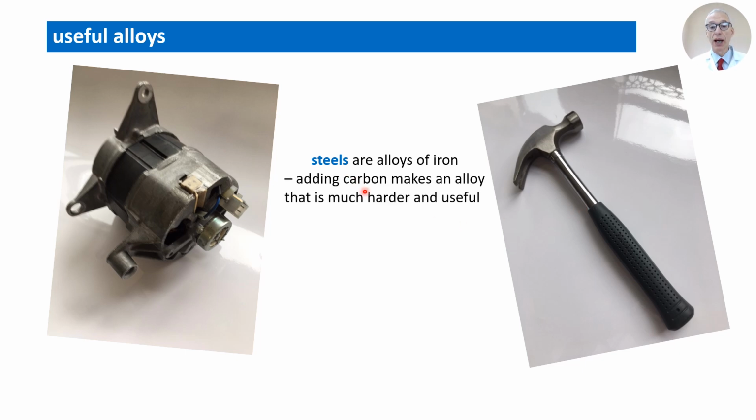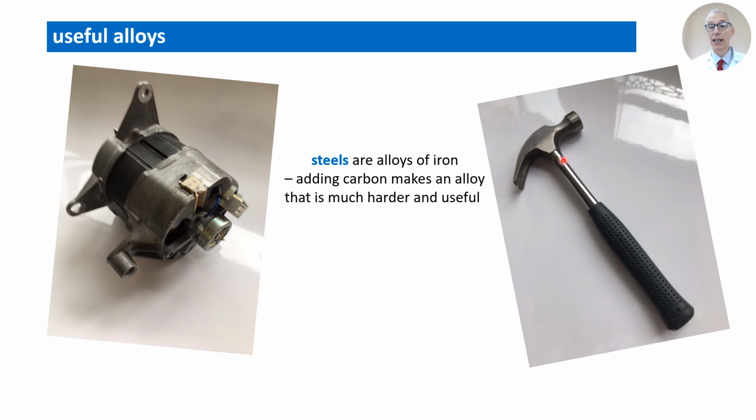Different steels are made by adding different amounts of carbon. So you can get harder and softer steels by varying the amount of carbon that's added. But of course, compared to the pure metal, all the alloys are much harder and therefore much more useful.